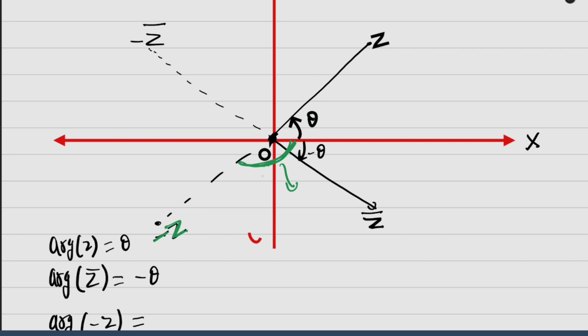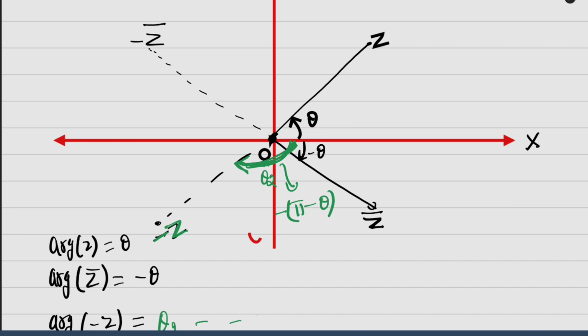Let us say this one is theta 2, which is equal to pi minus theta, but this angle is in the clockwise direction, so you have to take a negative sign.